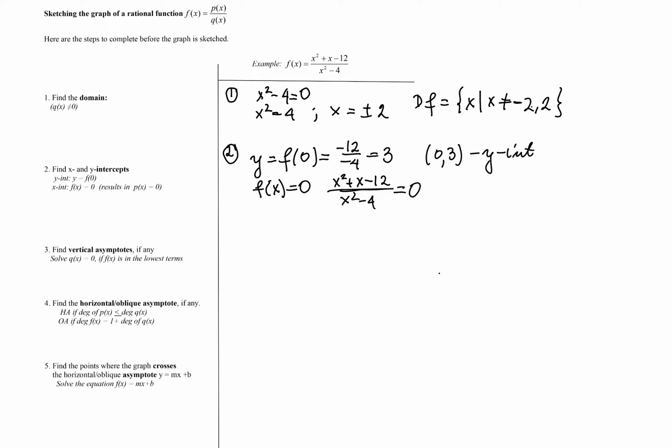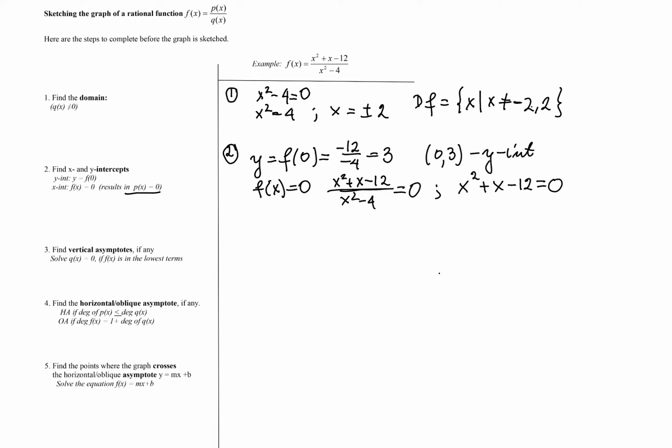Because it's a fraction, to solve this equation we multiply both sides by the denominator, so we end up with just the numerator equal 0. That's why in the definition of the intercepts of a rational function, we just say that we need to solve the equation p of x equals 0.